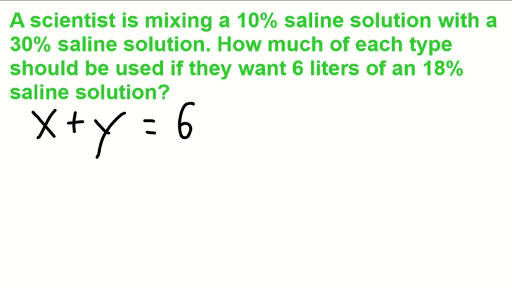You find whatever the total amount is, and the two things add up to that. Now we take the two different percentages. One of them's got to be x, one of them's got to be y. Doesn't really matter which one's which, but you just have to keep straight which one's which because it might just ask for one of them. So 10%, I'm going to make that x, 30%, make that the y.